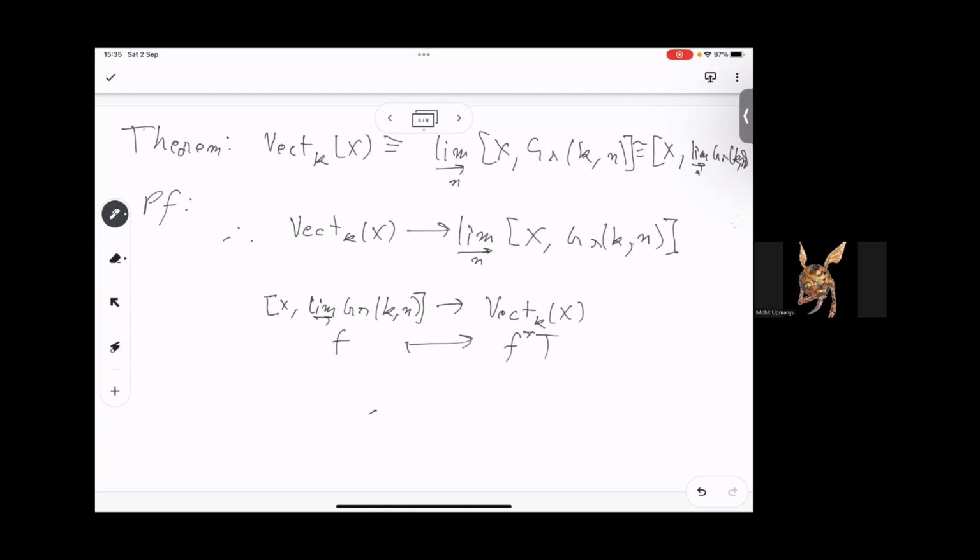Take any map f and send it to the pullback of the tautological bundle. And now, as seen before, the main thing is that these two maps are inverses.